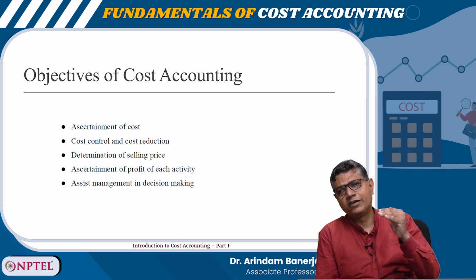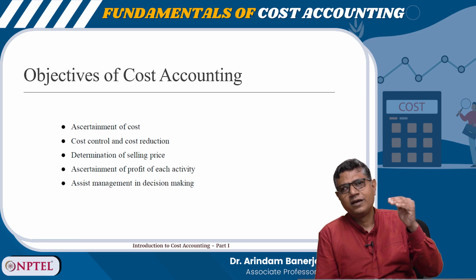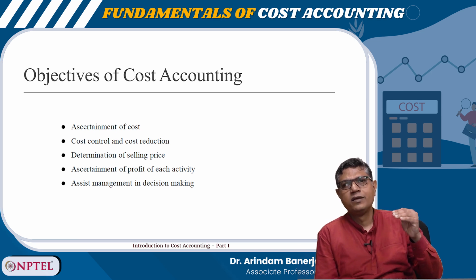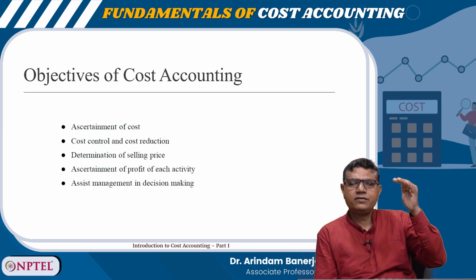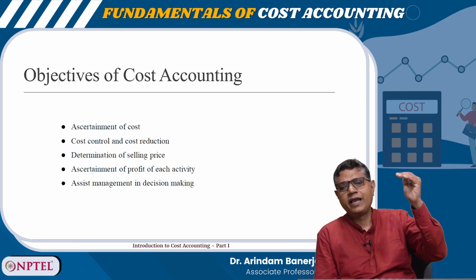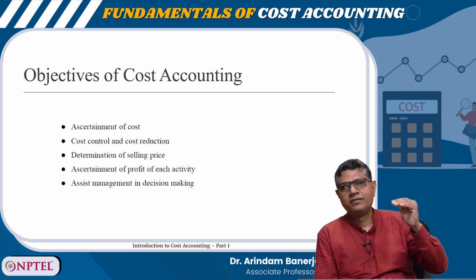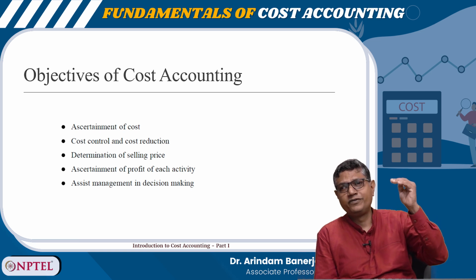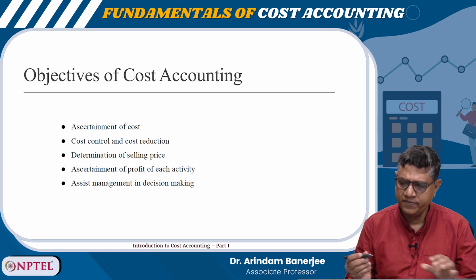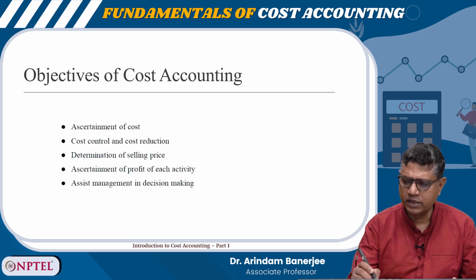So, for ascertainment of the cost, I need to estimate the material cost, I need to estimate the labor cost, I need to estimate the overhead cost. I can look at it in another way. For example, the material can be of two types, direct material and indirect material. So, I can write like this. When I am ascertaining the cost, we will discuss all these things in detail in forthcoming sessions.